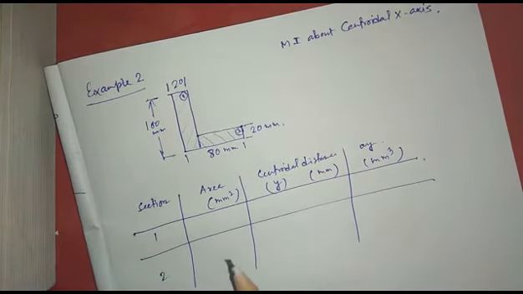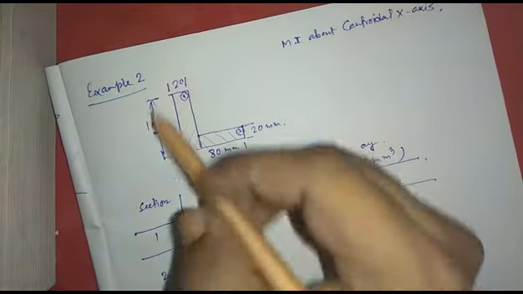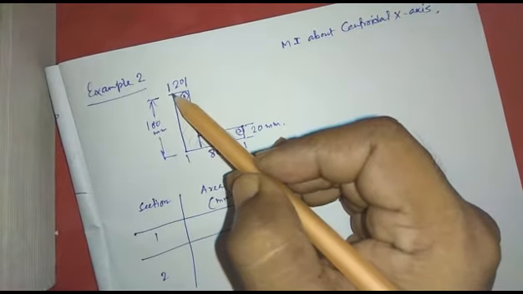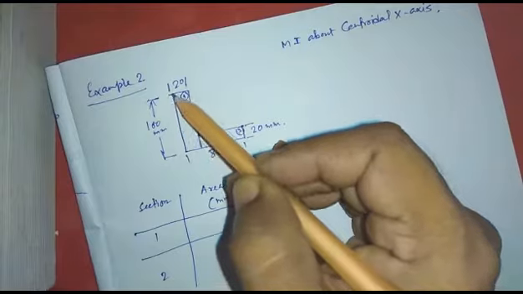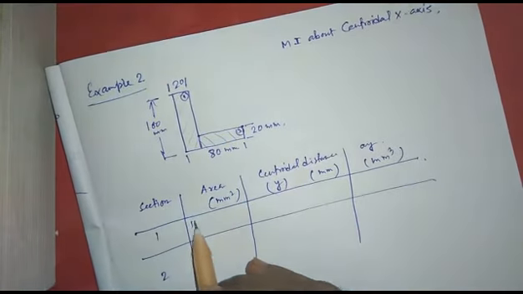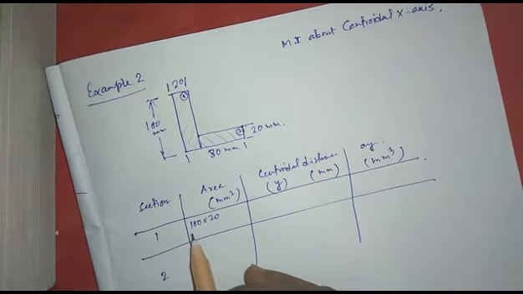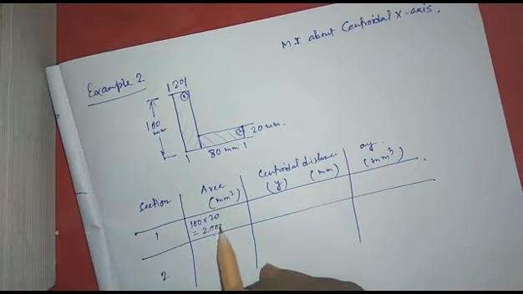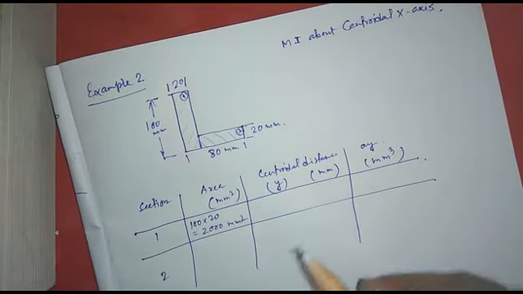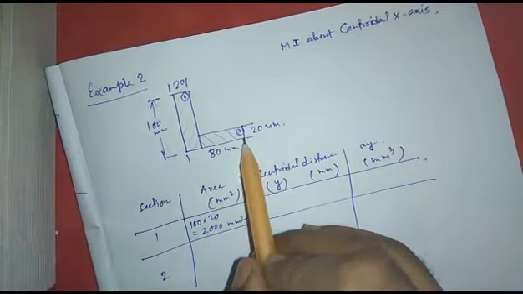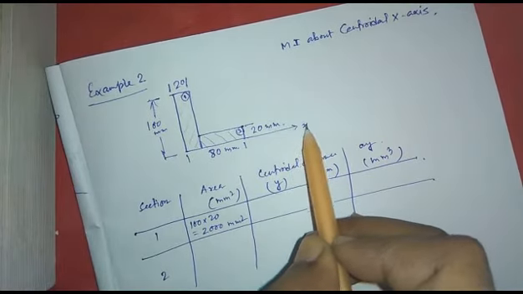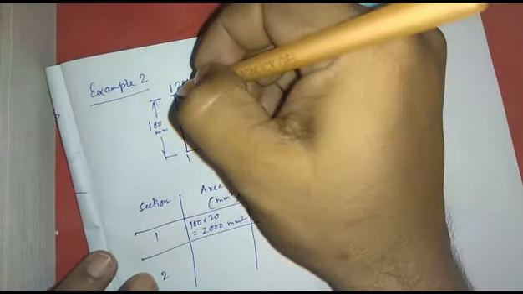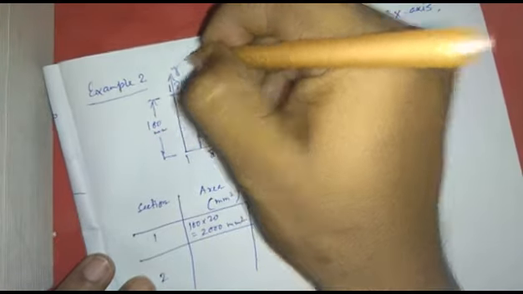So for section 1, what is the area? Area is the area of this rectangle, that is 100 into 20, 2000. Now this is our x-axis and this is y-axis.